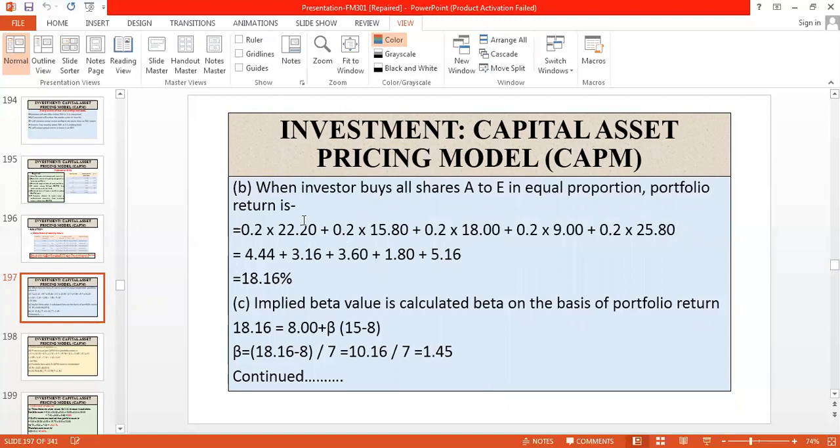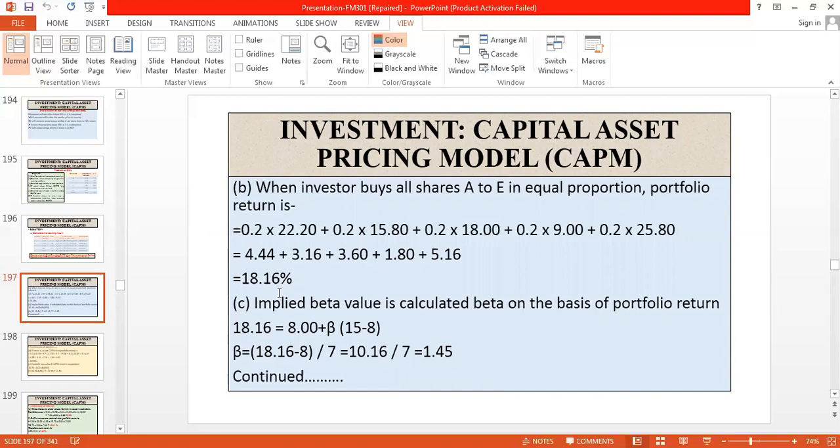All these expected return figures are given in the problem. So simply add them. Your expected return of the portfolio should be 18.16%.